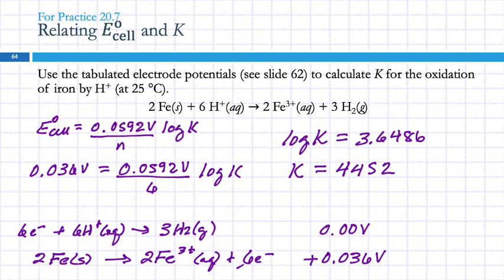What are the units on that? No units. Good job. No units on K. What do you think? Is this reaction spontaneous? Yes. K is larger than 1, and the standard cell potential for the whole thing is positive.